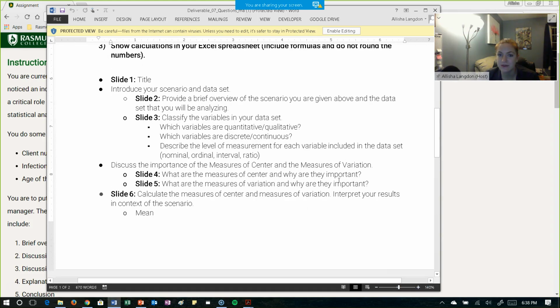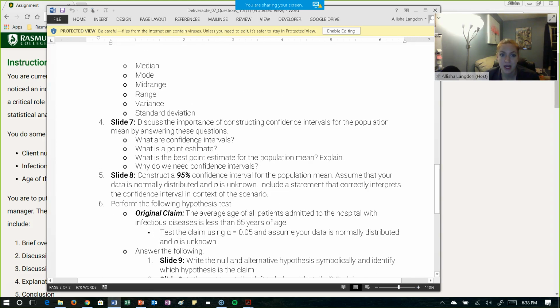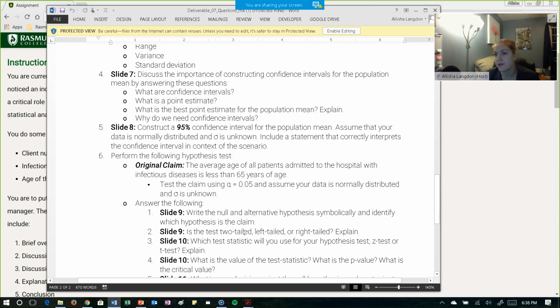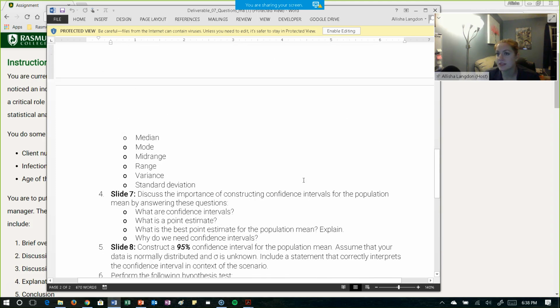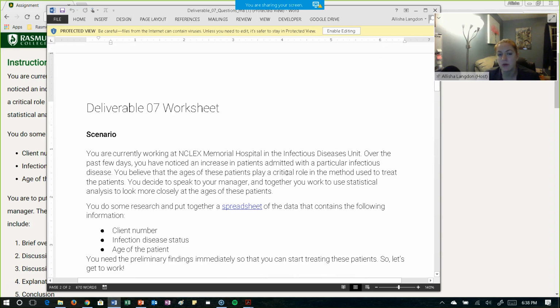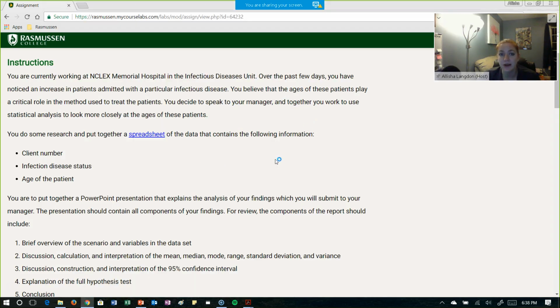What are the measures of center and why are they important? Calculate them. And it's really just a summary of everything we've talked about. So a lot of the stuff you've already got. If you want to start working on that, we'll talk about more of this when it gets towards week 7 though. But if you wanted to, you can always get started on that. Just throwing that out there.